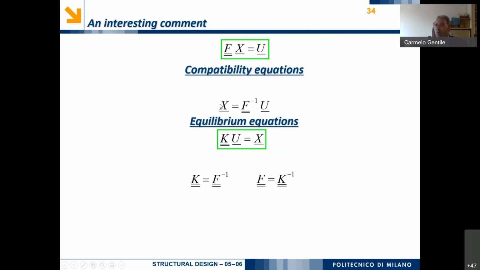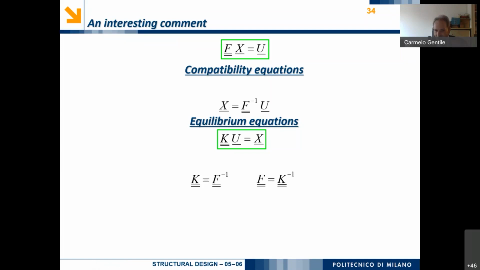So when we write the equation of the force method in a direct form, those are compatibility equations. But if we make the inversion of the flexibility matrix and write the equation in this form, x equal to the inverse of matrix F multiplied by the vector of the generalized displacement, this equation is an equilibrium equation.